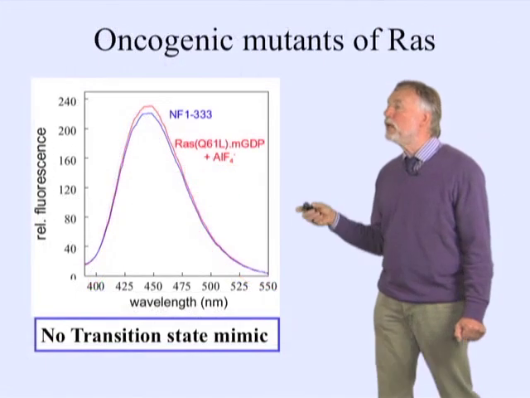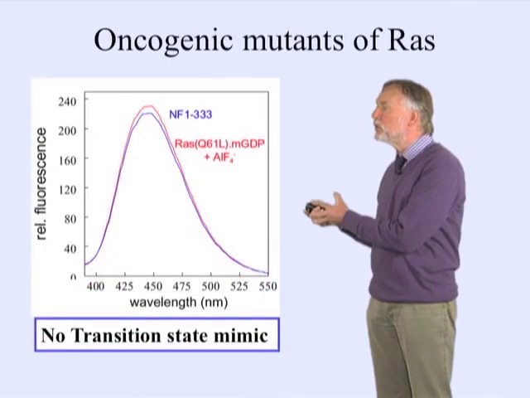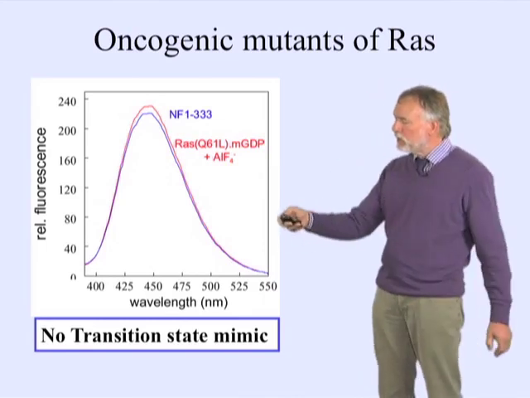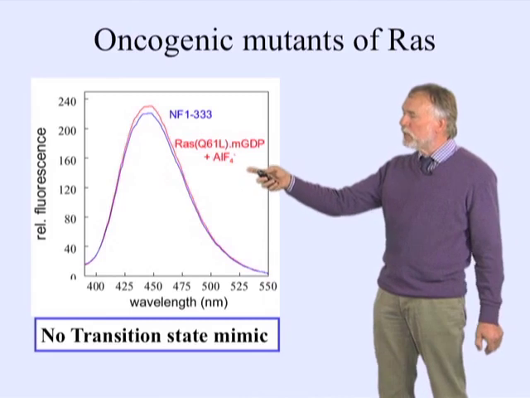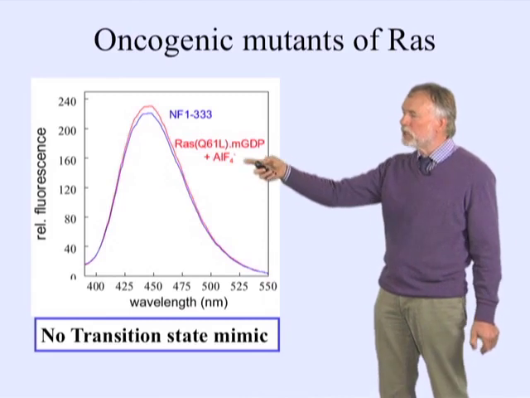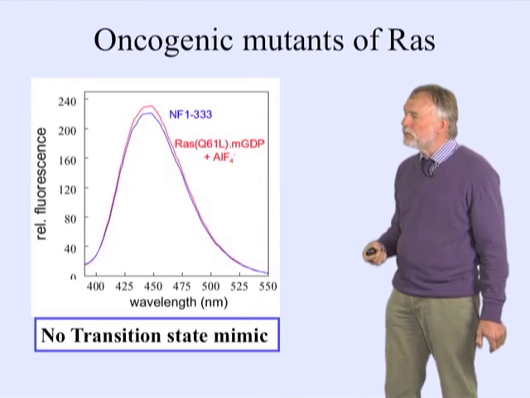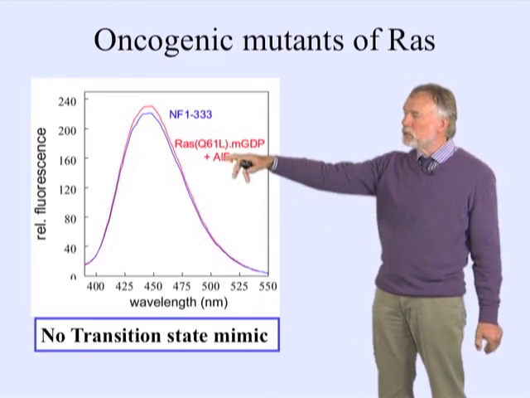And by the way, if you now do, let's say, an oncogenic mutant, which we know does not hydrolyze GTP, and do the same experiment, you see in the presence of aluminium fluoride and Ras, there is no fluorescent change. And now you add NF1, there is no increase in fluorescence because you have a mutation, Q61L, that doesn't hydrolyze.